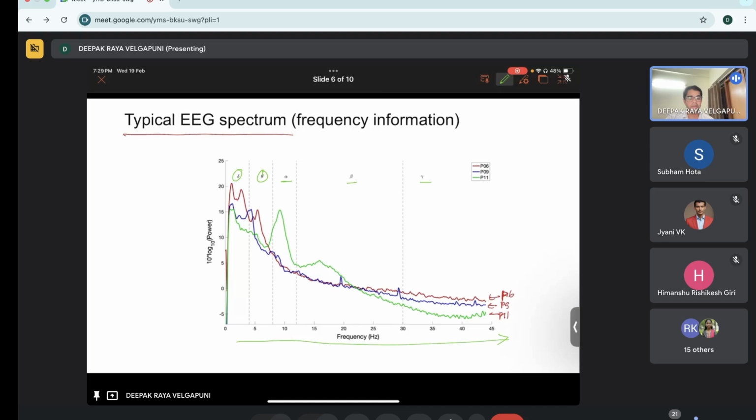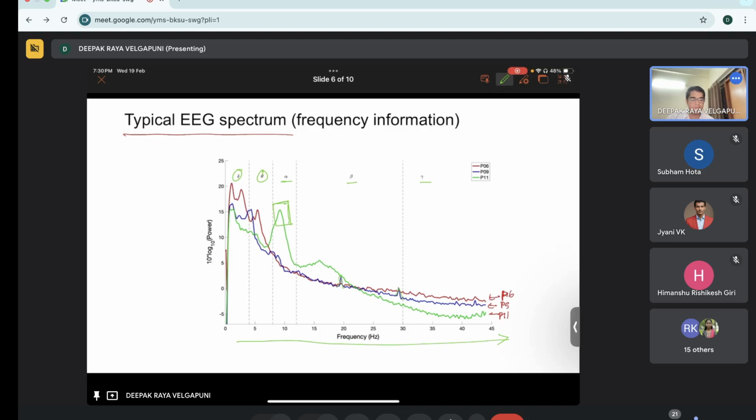You see different electrodes have different frequency contents, and here you see this electrode P11, the green one shown here, has a very good alpha peak. So we say that this signal from P11 has a high content of alpha frequencies, and in the blue signal you see some peaks in the beta band.